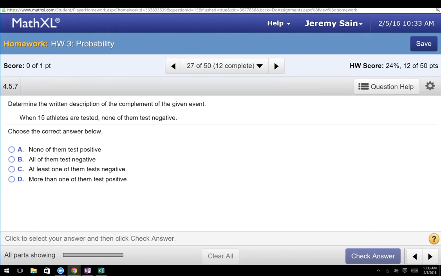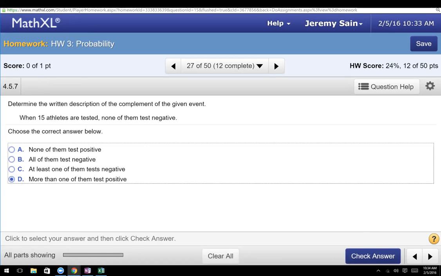So the complement, so 15 athletes are tested, none of them test negative. So the complement would be at least one of them test positive, right? At least one of them. Wow, it's not there.